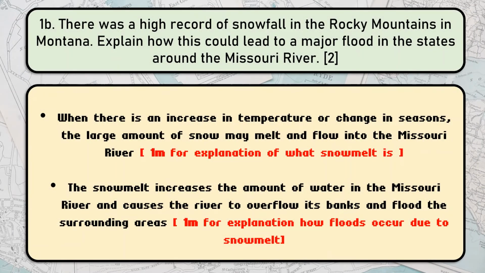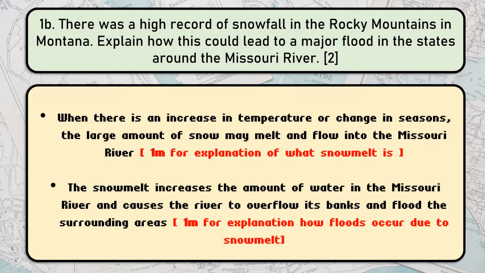Alright, moving on. So the next question gives us this scenario. There was a high record of snowfall in the Rocky Mountains in Montana. Explain how this could lead to a major flood in the states around the Missouri River. So over here we see they are asking us to identify a cause of flooding. So we see a record of snowfall in the Rocky Mountains in Montana.